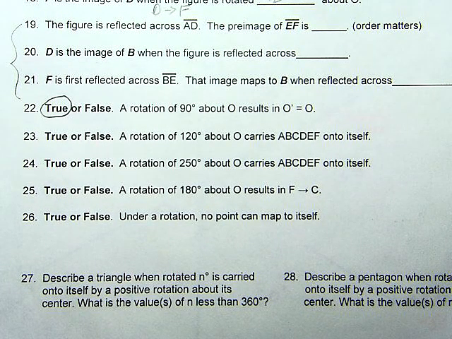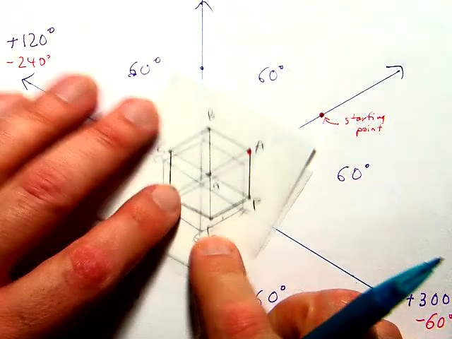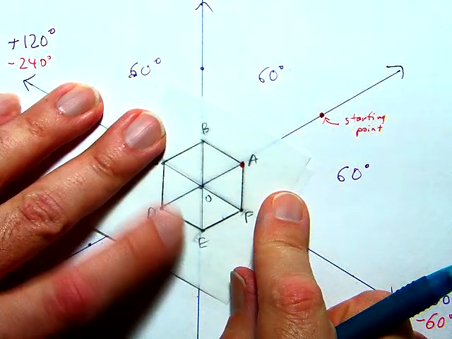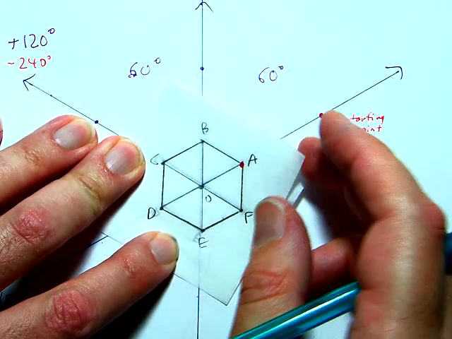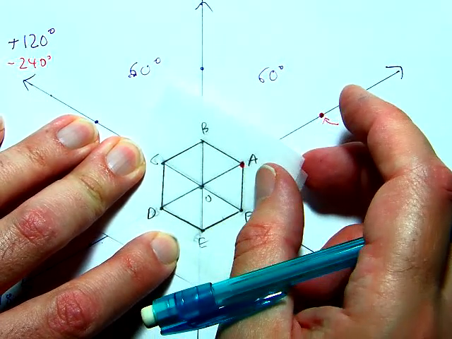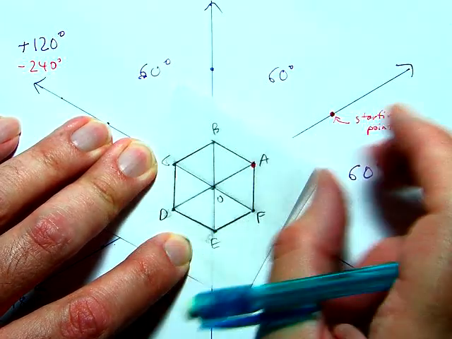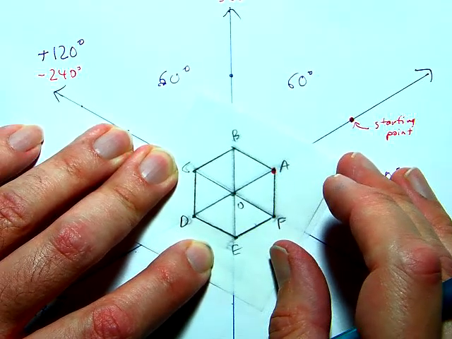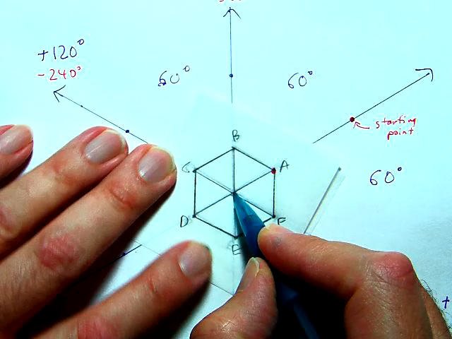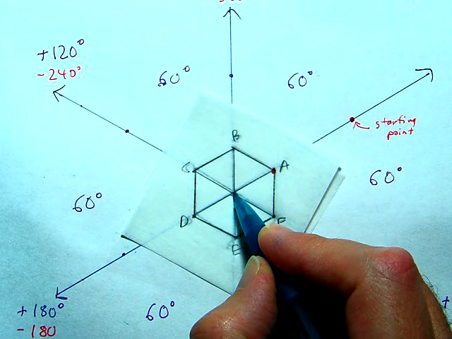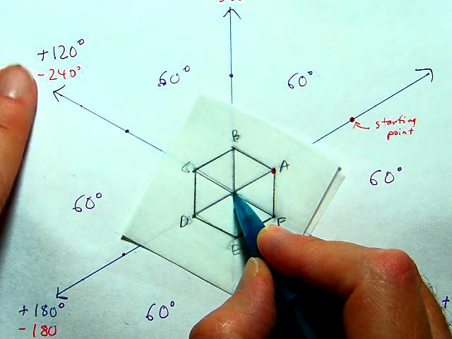So let's see what a rotation of 120 degrees about O does. I've made a fresh new start here. I've got another hexagon over this hexagon, and I've lined up the starting points, and we need to rotate this entire figure about O by 120 degrees. So we need to end up over here, right?